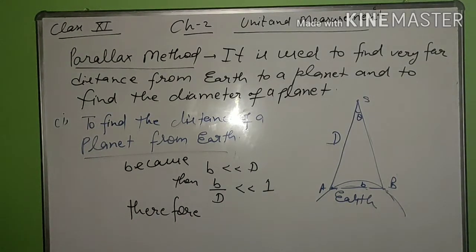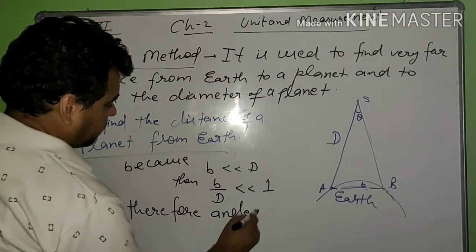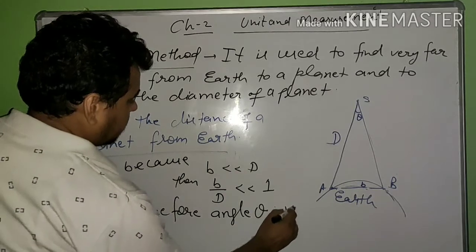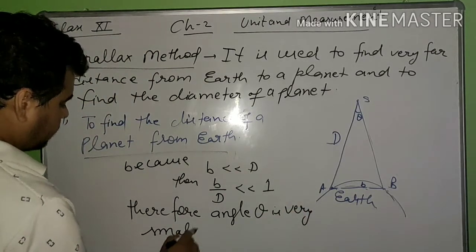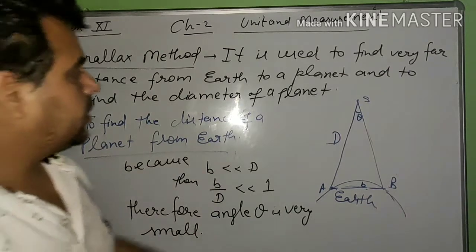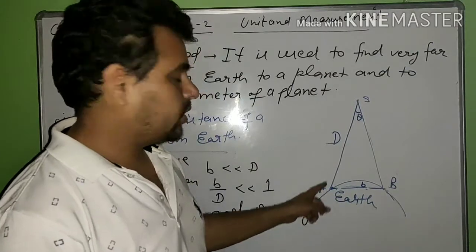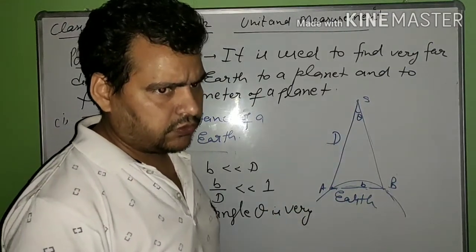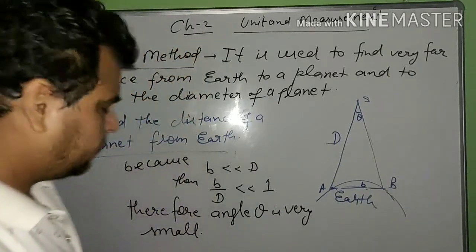Therefore, angle theta is very small, because b is very much less than D.